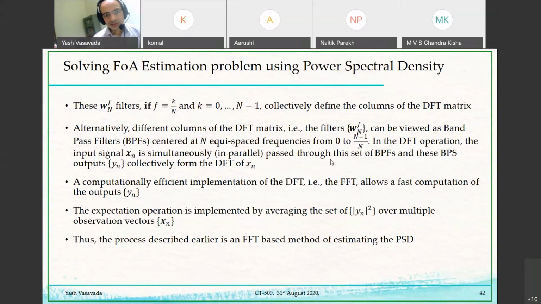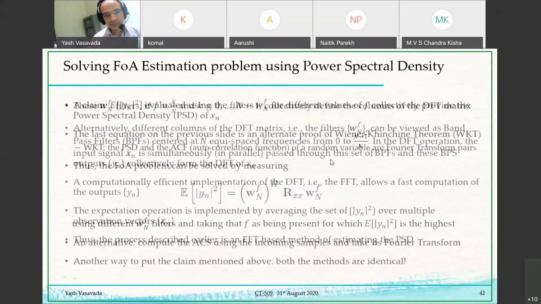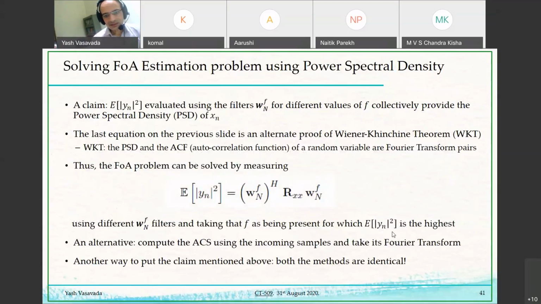And so when I'm considering this second part of this alternative, taking the Fourier transform, that actually is what we are doing anyhow here by multiplying the tap delay line with these filter coefficients.